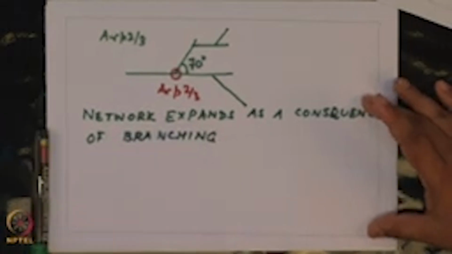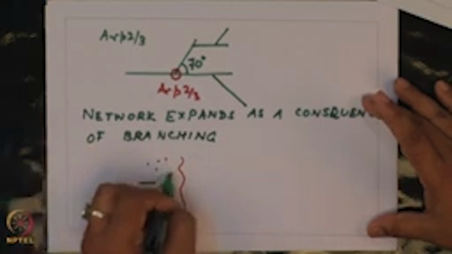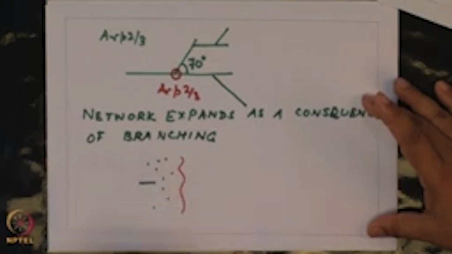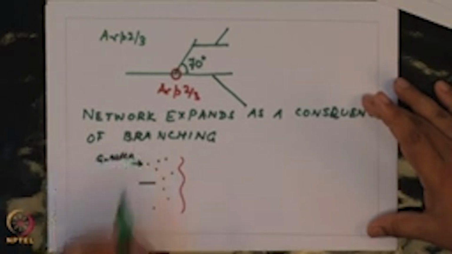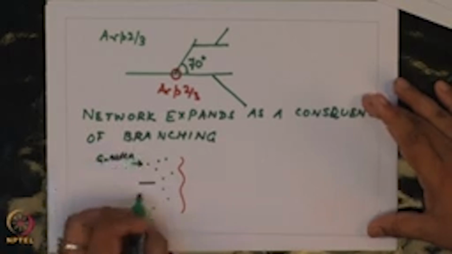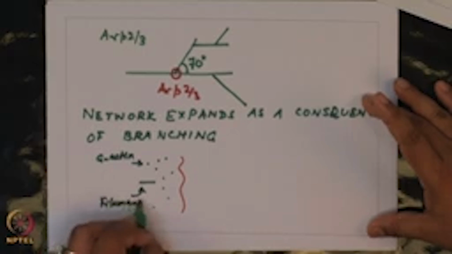So, imagine you have a thin membrane, you start with a small filament and you have lots of dots, okay, lots. So, these are my G actin monomers, this is G actin, and this is my filament. Okay.